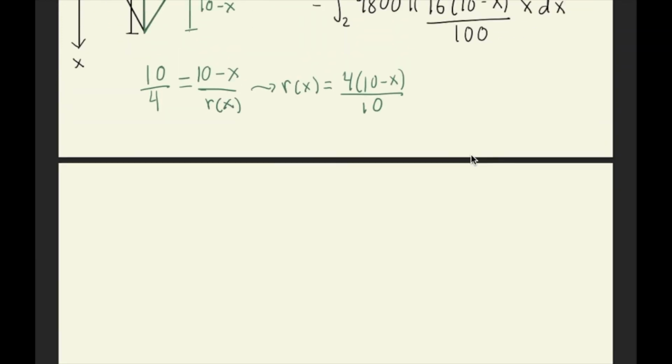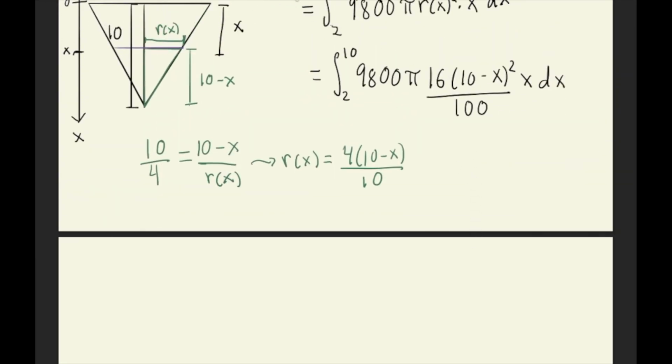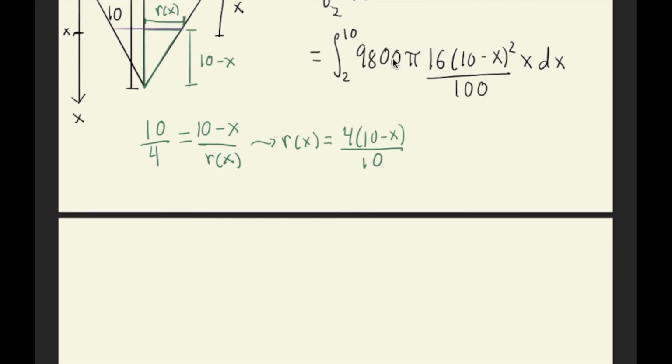Let me start a new page to get a little bit more space. So I'm going to copy this. Okay, so this integral, let me cancel this 100 with that 9,800 there, and then pull some stuff out of the integral so we can integrate. We're going to be left with 16 times 98 outside. I'll just leave it like that for now.